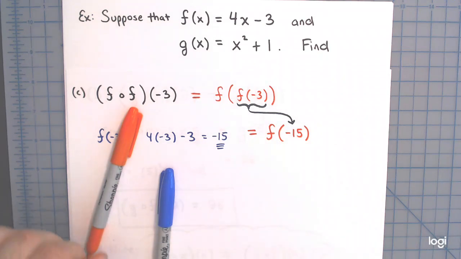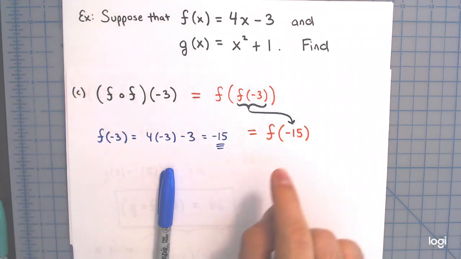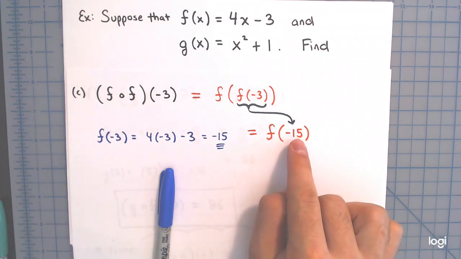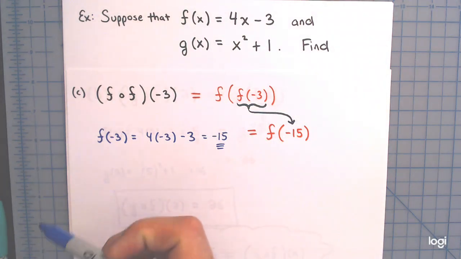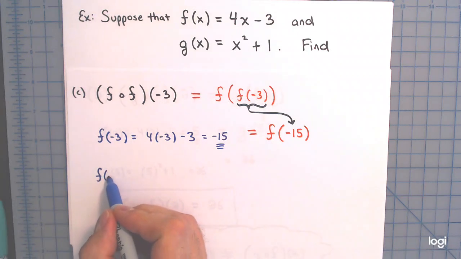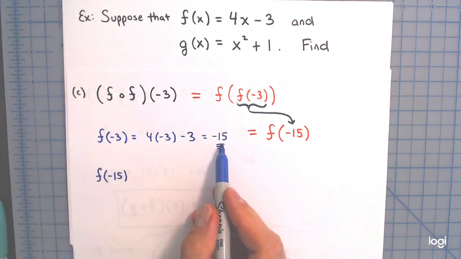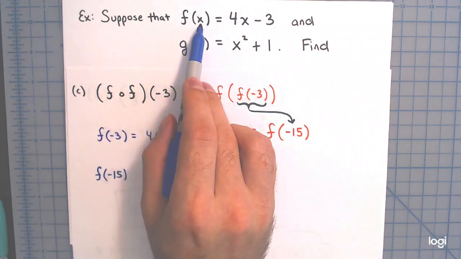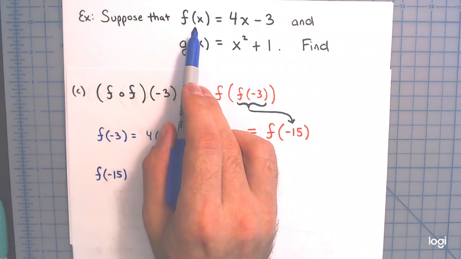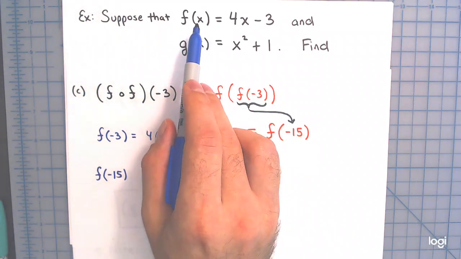Now we're just taking -15 and plugging that into f again. So again, I go back to the function called f, but this time I'm plugging in -15 and not -3. So function f, that's this one, at -15, just replacing all the x's with -15.